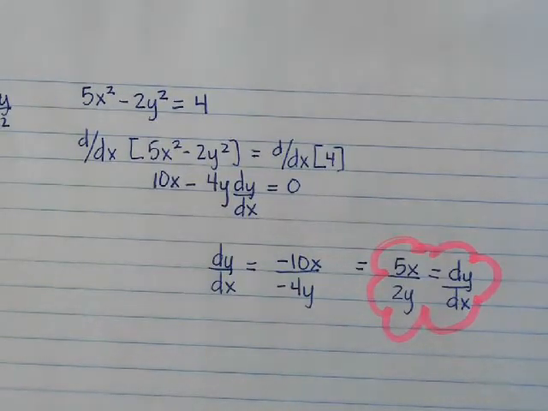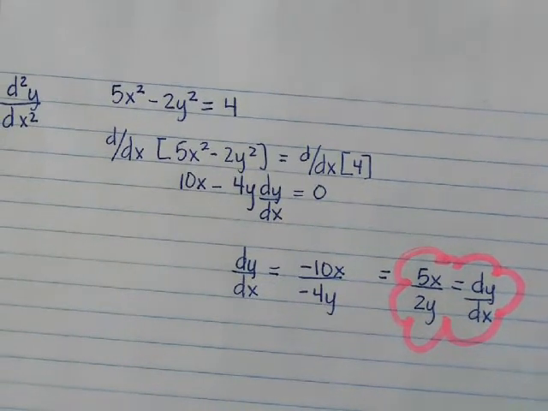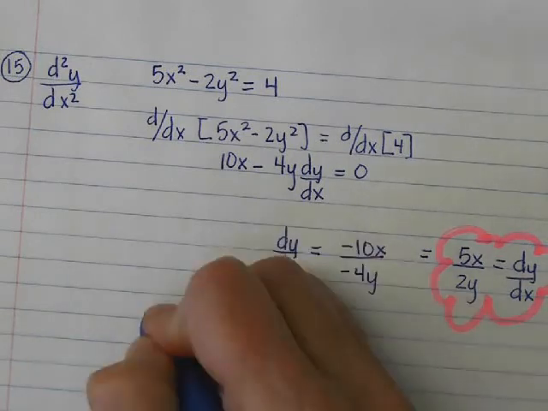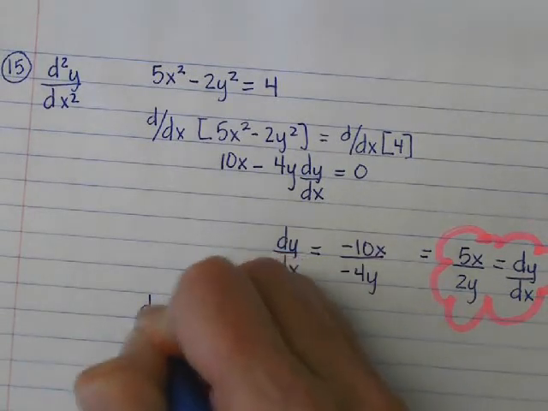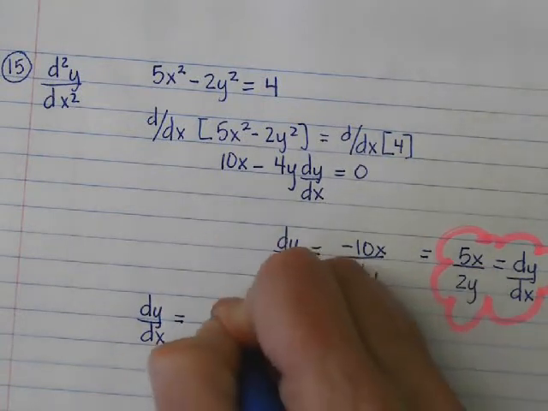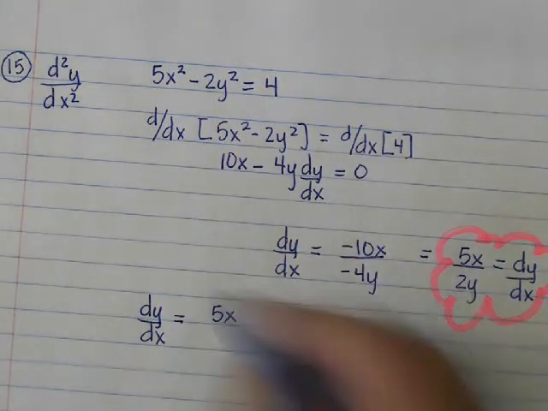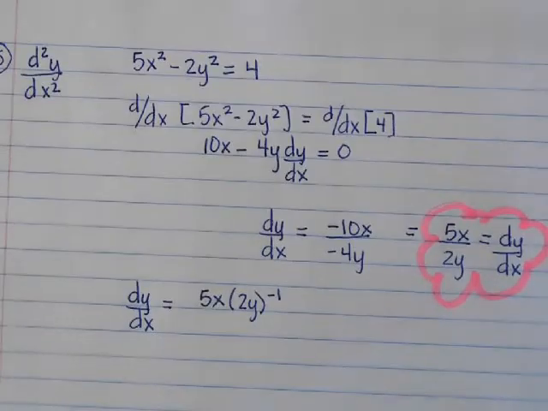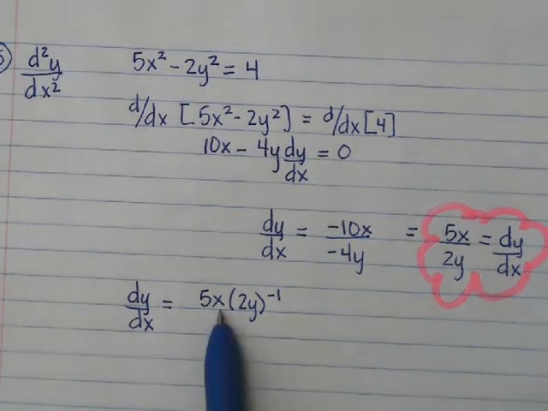Now I'm going to find the second derivative. I'm going to rewrite what I have. So I know that dy/dx is equal to 5x, and I'm going to rewrite this like that because I like the product rule better. We're going to use the product rule.